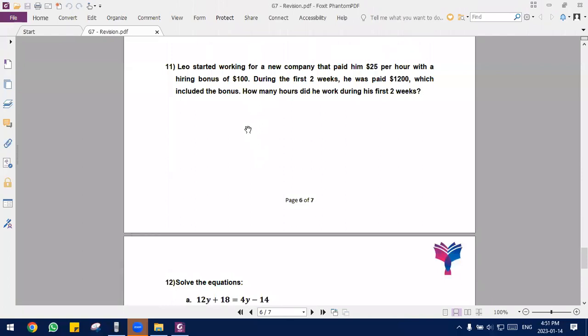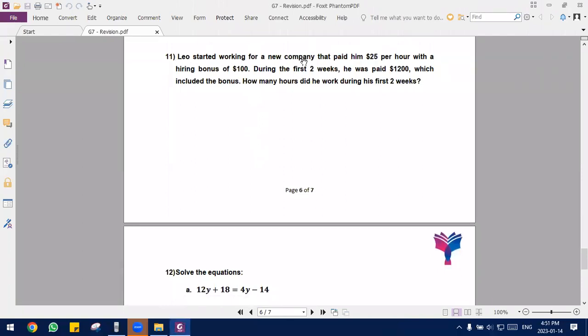So last problem, Leo started working for a new company that paid him $25 per 1 hour. So let me write it like this, $25 per 1 hour. And there's a hiring bonus, $100. But this hiring bonus is paid only once.